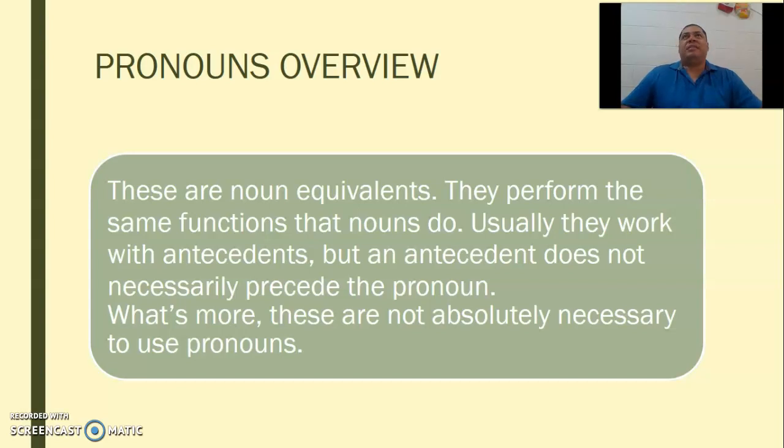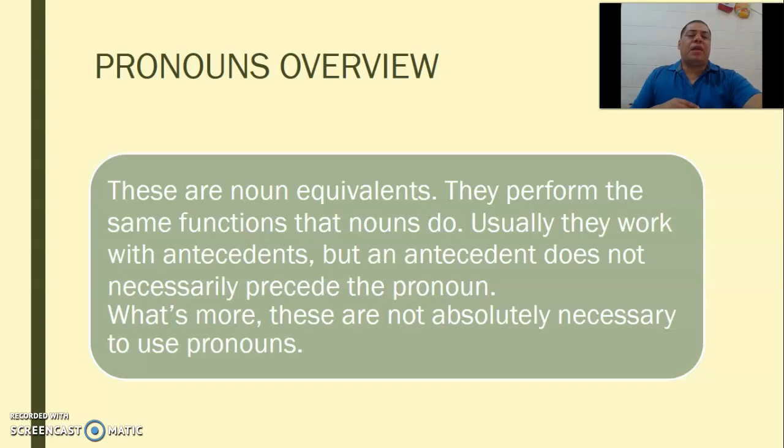What I'm trying to say is that the antecedent, in other words the noun, usually comes before the pronoun, but there are cases in which the pronoun is used before the noun. Let me give you an example. When the woman arrived, she said good morning. Over there you have the pronoun she, and the antecedent for she is woman.